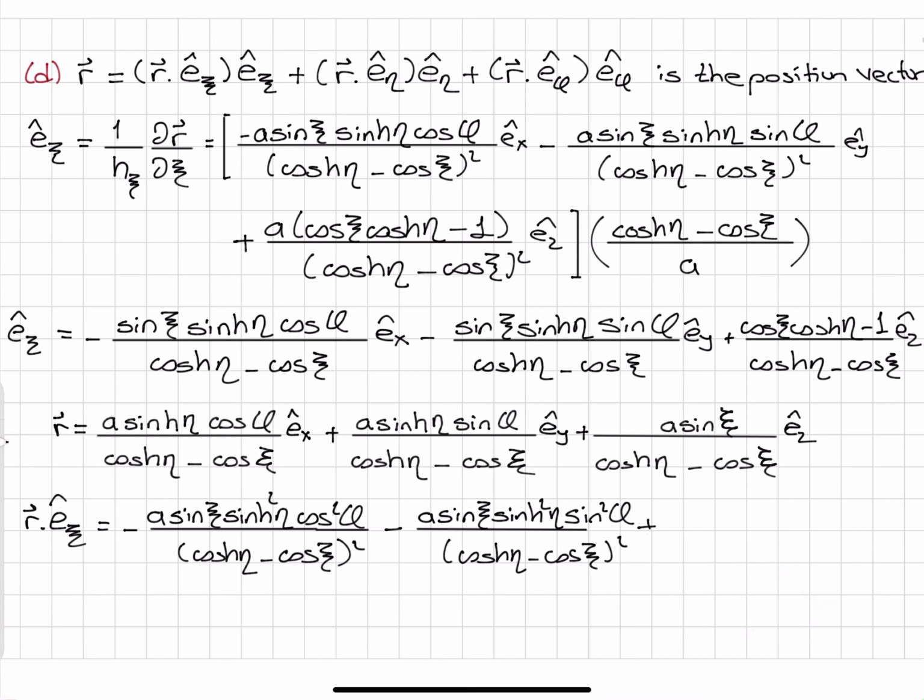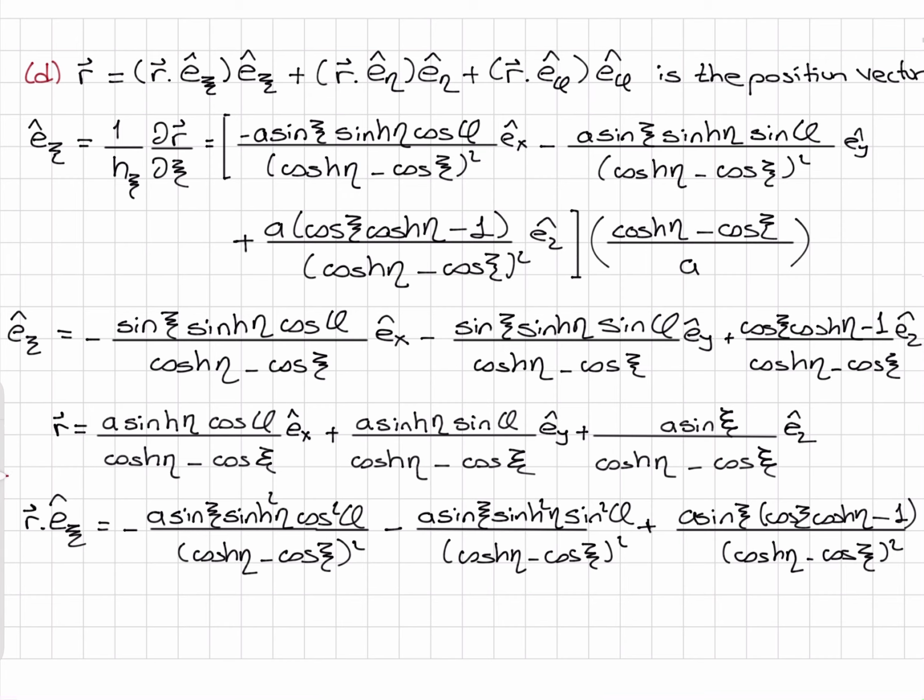And then I have the z part, which is A sine psi cosine psi cosine hyperbolic eta minus 1 divided by cosine hyperbolic eta minus cosine psi parentheses squared.